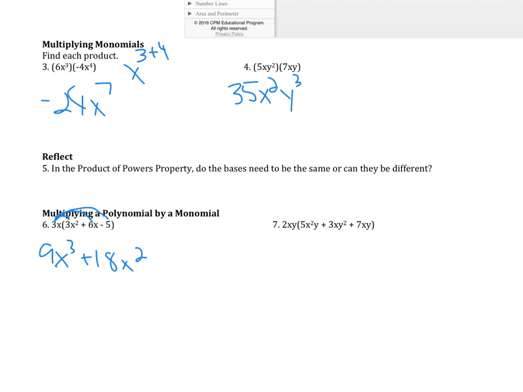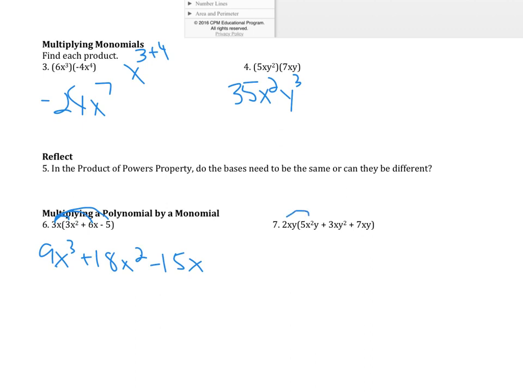And then 3x times negative 5 is a negative 15x. As you can see, it is in standard form already, so we're good there. We go from 3, 2, and 1. All right, example 7.